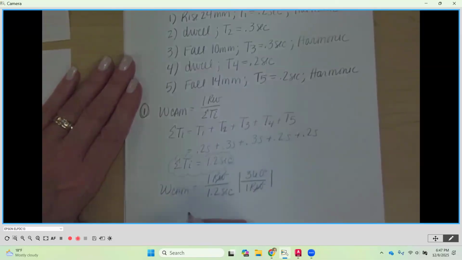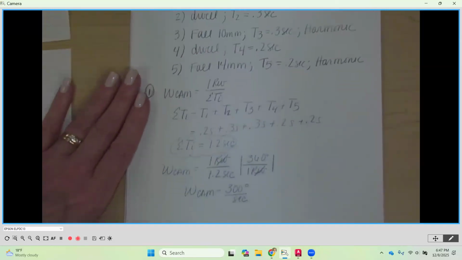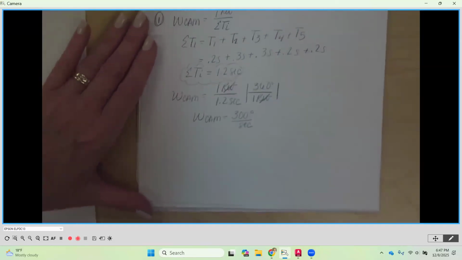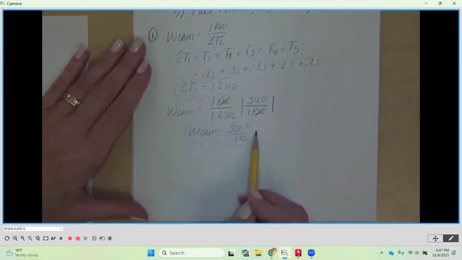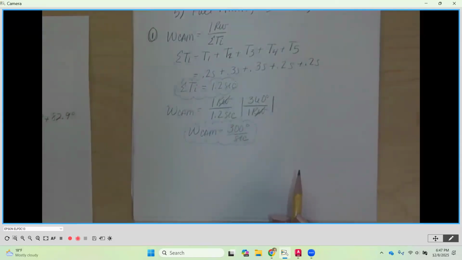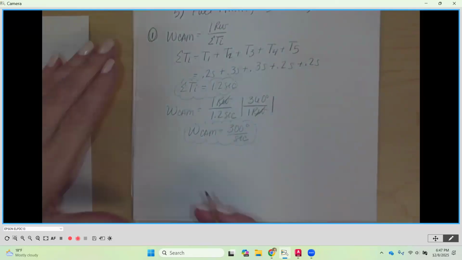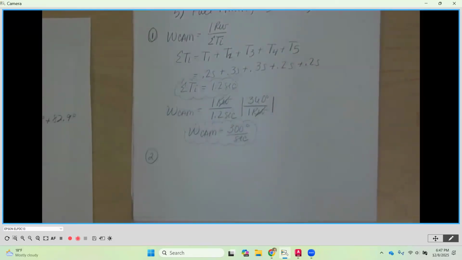So my cam rotation that I'm going to use for beta is going to be 300 degrees per second. Make sure you get that same number. Everybody get 300 degrees per second? Okay, thank you.